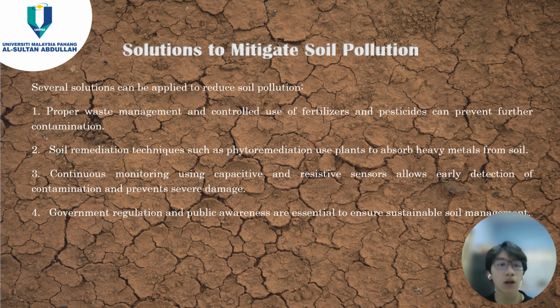Third is continuous monitoring using capacitive or resistive sensors to allow early detection of contamination and prevent damage done to the soil or to the land. Lastly, the help from government regulation and public awareness to ensure sustainable soil management.